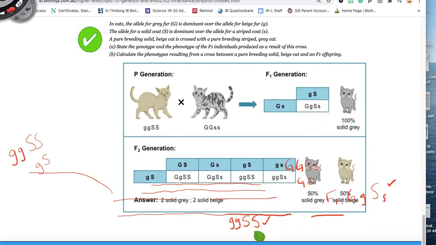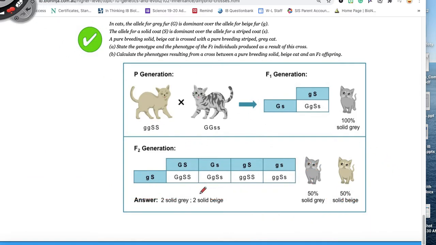And when you cross that with the other pure breeding solid beige cat, this parent can only give you one potential gamete, which is this one. I mean, you can do 4 possible gametes here, but it's just going to be a waste of time. So you're crossing this parent gamete with these 4 possible combinations from the F1 generation.